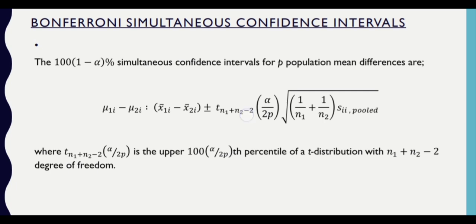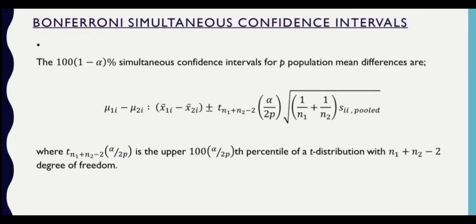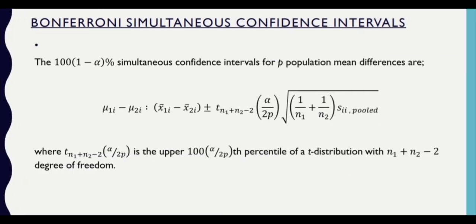Sebelum ni kita gunakan F, kan C tadi, C square kita gunakan F, but here kita gunakan T distribution. Okay, so nanti you try buat using the same example, but you use the Bonferroni confidence interval and you can see dia punya beza lah, dia punya range of the confidence interval. Bonferroni is narrower.